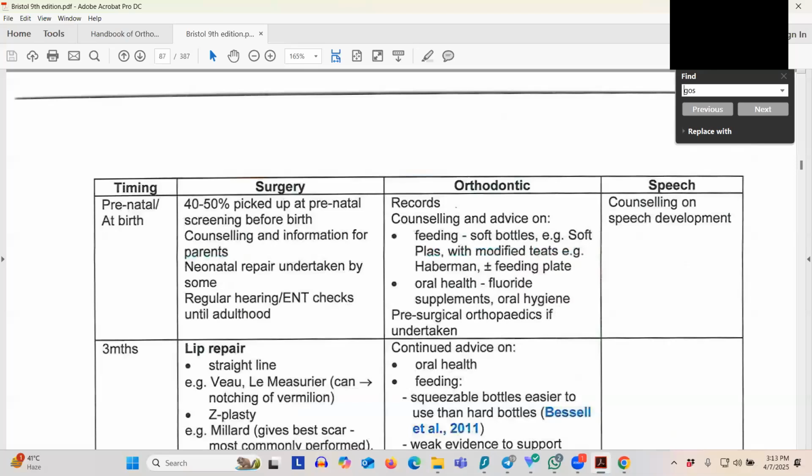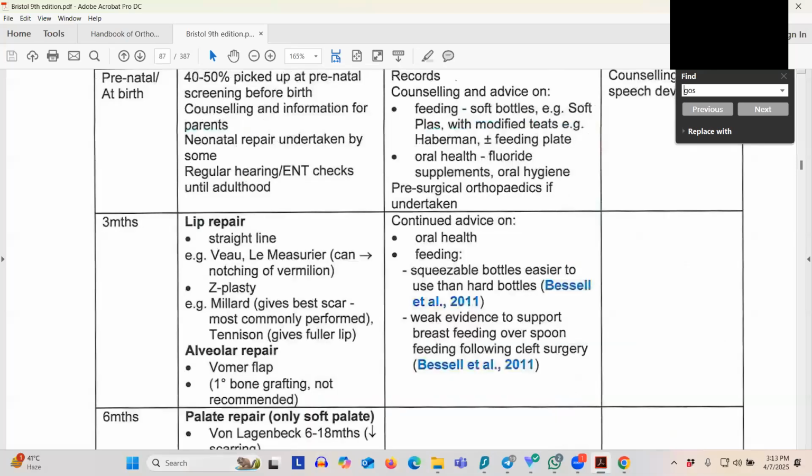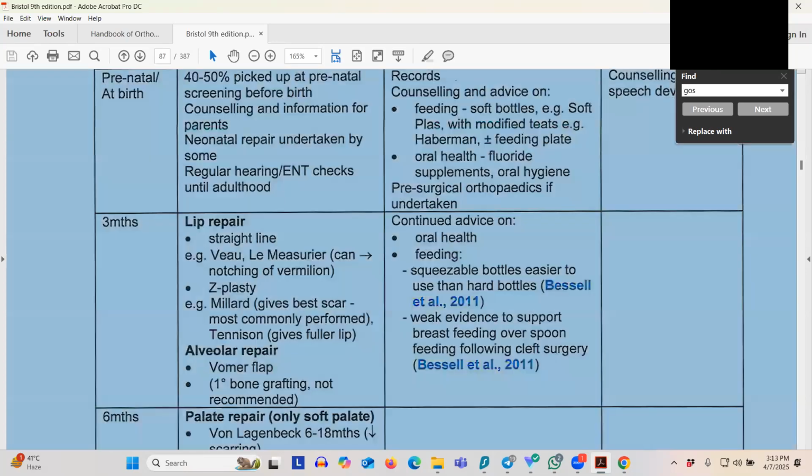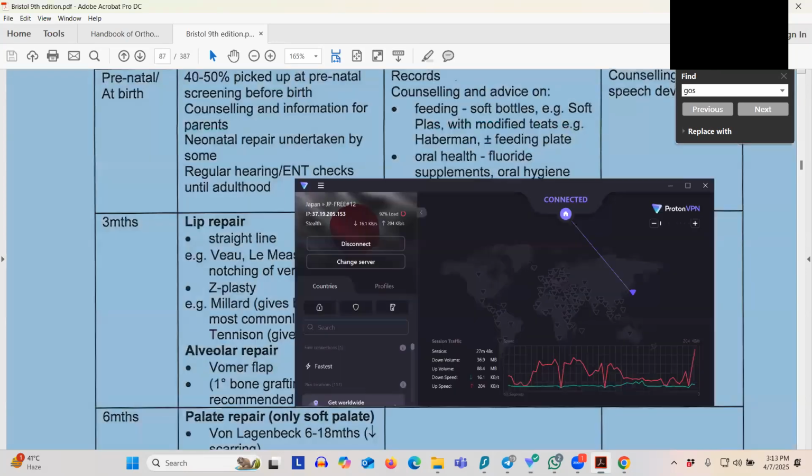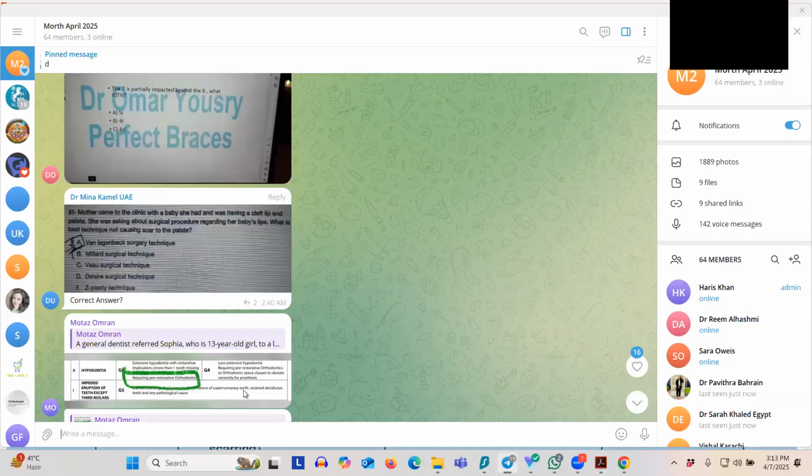Millard gives bad scar, most commonly performed. Purely mistaken. Yes, so they have given Millard here. Option B here.